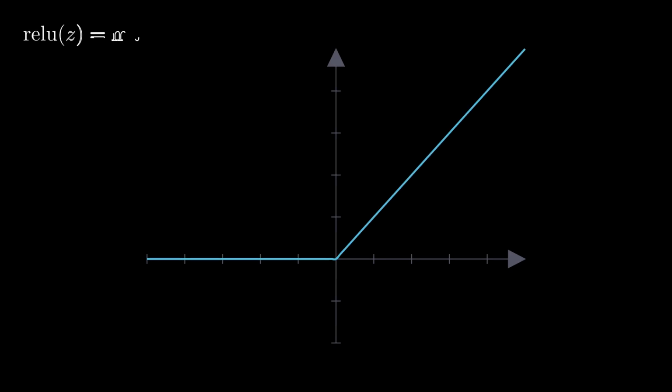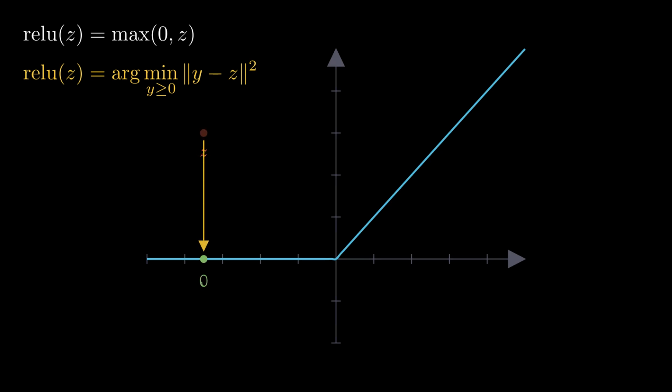It is the simplest way to induce sparsity, pushing negative values exactly to zero. But instead of just thinking of it as a max operation, it helps to look at its variational form. Geometrically, ReLU is simply the Euclidean projection of a point onto the non-negative orthant.